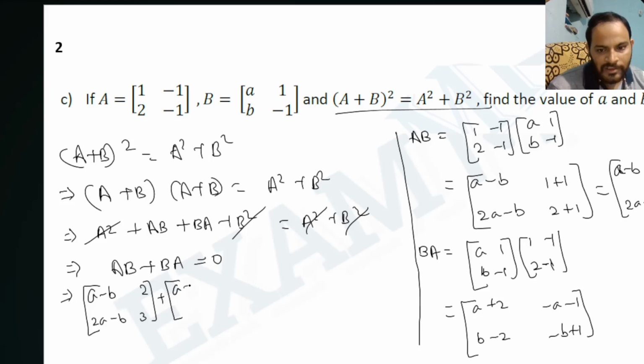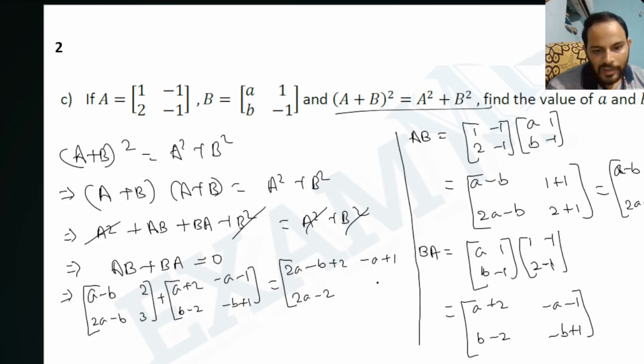If two matrices are there, A and B, then the first element of matrix A will be added to the first element of matrix B. A minus B plus A plus 2, this becomes 2A minus B plus 2. 2 plus minus A minus 1, that means this is minus A plus 1. 2A minus B plus B minus 2: minus B plus B got cancelled, and this is 2A minus 2. And 3 minus B plus 1, that is minus B plus 4.